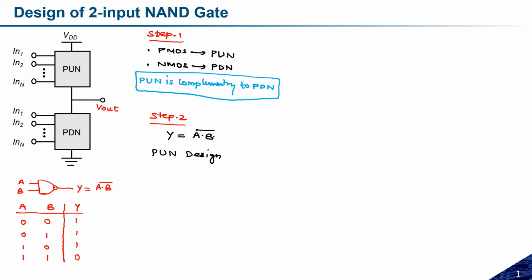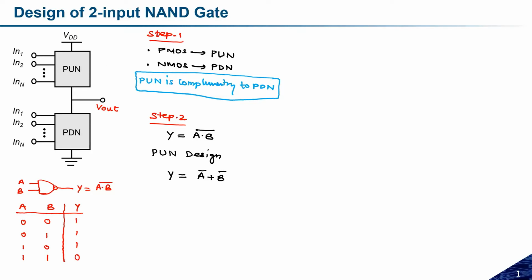One of the laws is De Morgan's theorem. So if I apply De Morgan's theorem, what kind of expression will I get? I will get the expression y is equal to a complement plus b complement.